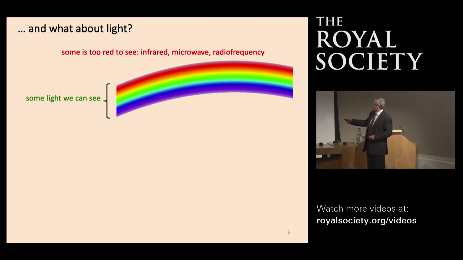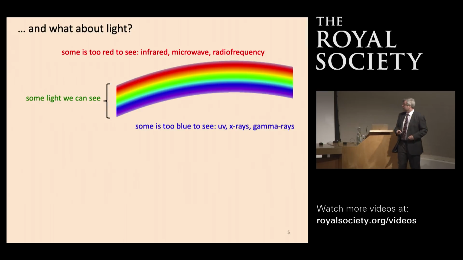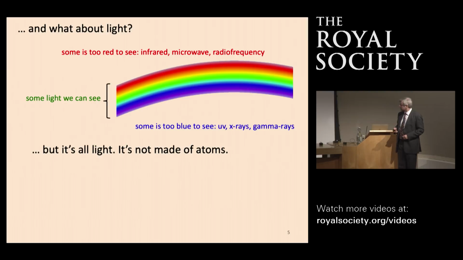So we call that infrared light, or microwaves, or radio frequency. That's light that is too red to see. And then there is also light that is too blue to see, called ultraviolet light, or X-rays, or gamma rays. It's all light, and it's not made of atoms. It's not made of electrons, and so if we understand the electrons, we don't yet understand the light.